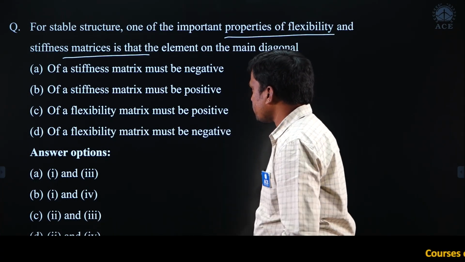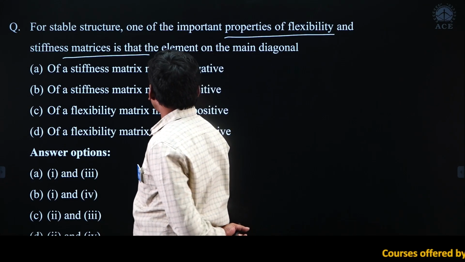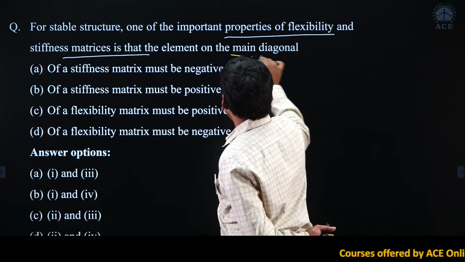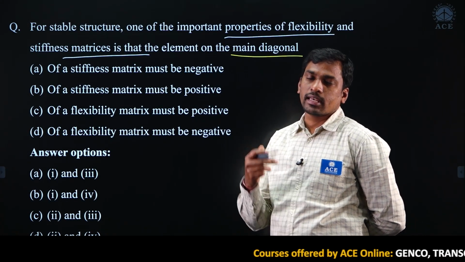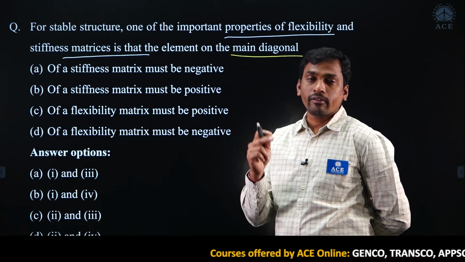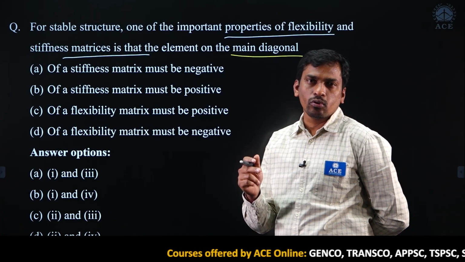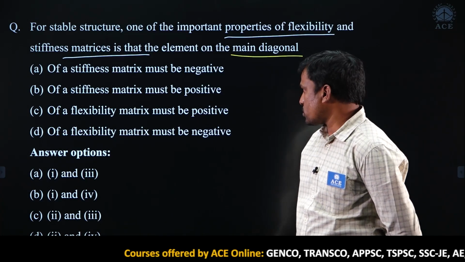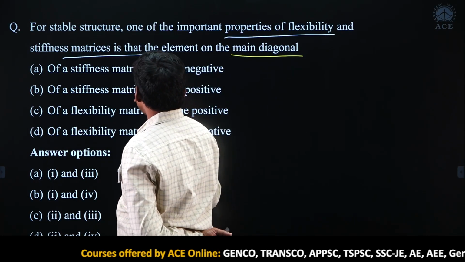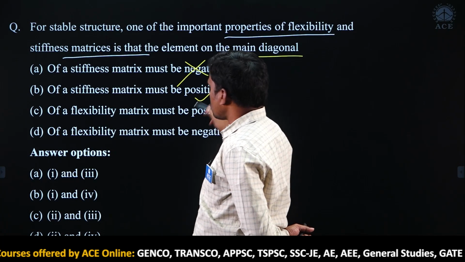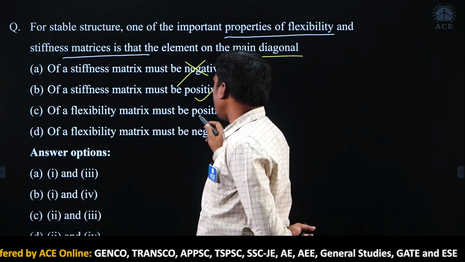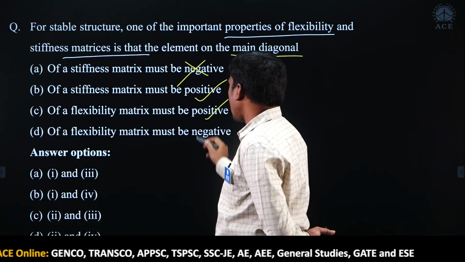Now here it is given the elements of the main diagonal are always positive, that is K11, K22, F11, F22, F33 always positive. Of a matrix must be negative, no. The stiffness matrix must be positive, yes, and the flexibility matrix must be positive, yes, and it is negative.